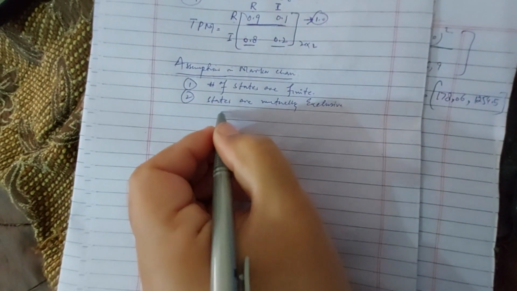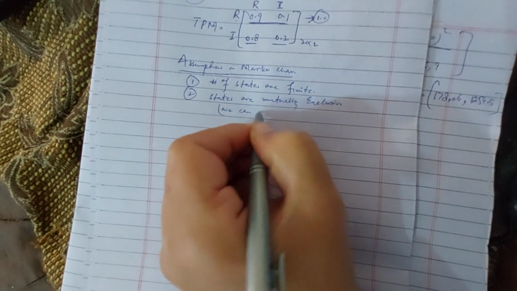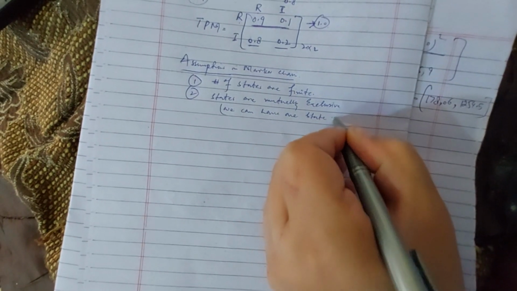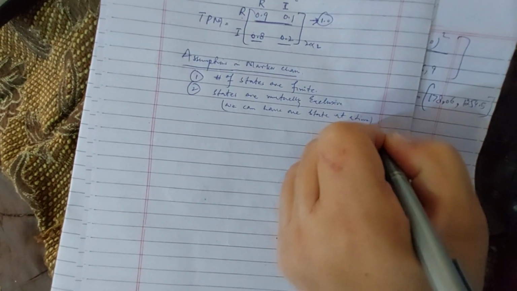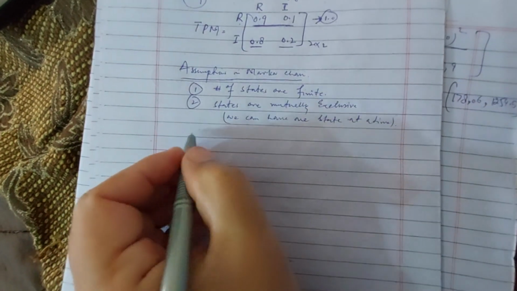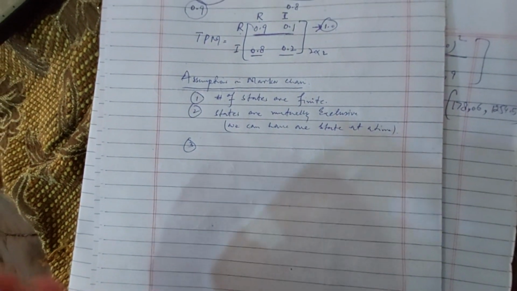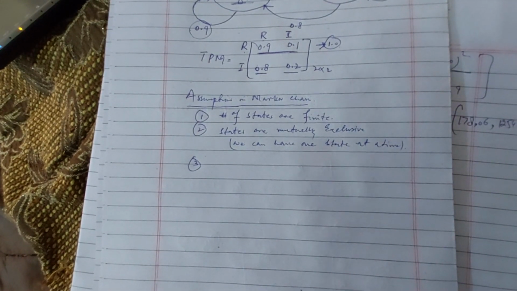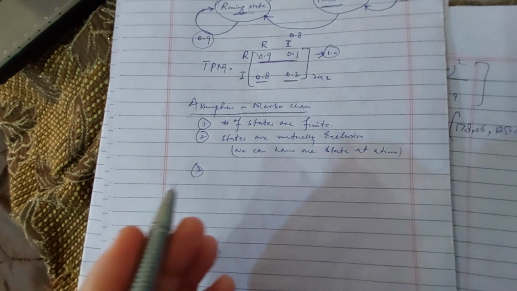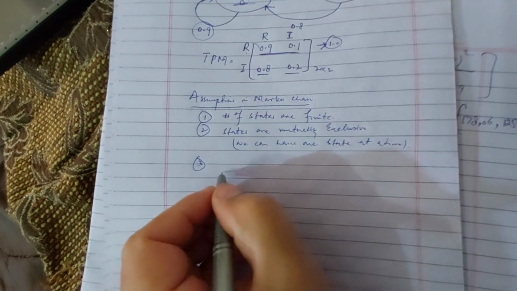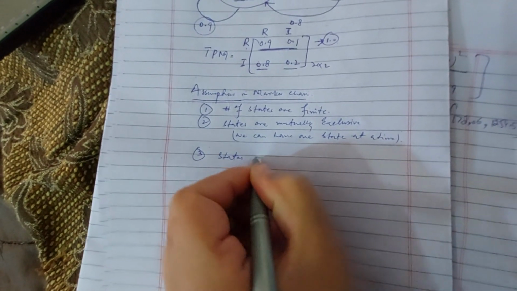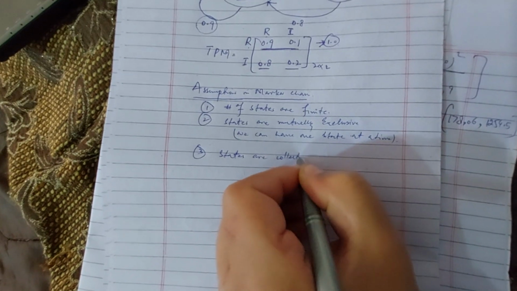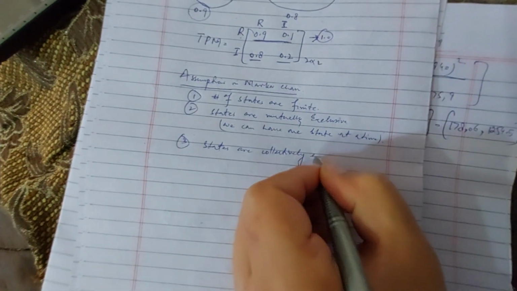It means that we can have one state at a time. We cannot have two states at the same time. Like the machine can either be running or idle at a certain time. It cannot be both. The third is that the states of the system are collectively exhaustive.